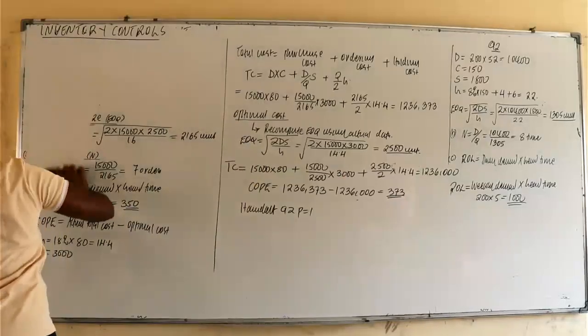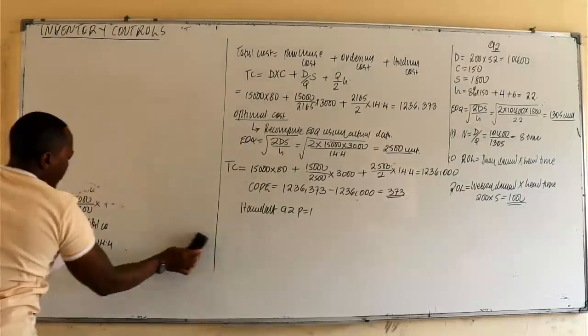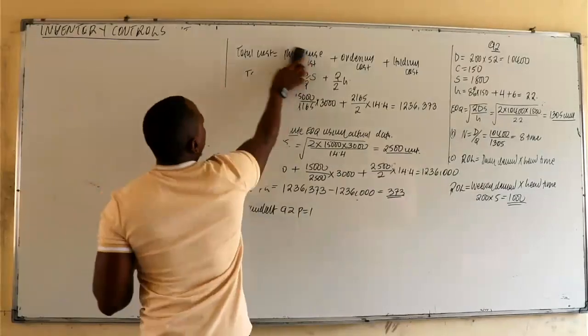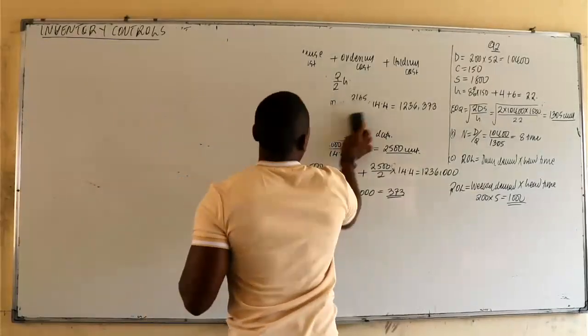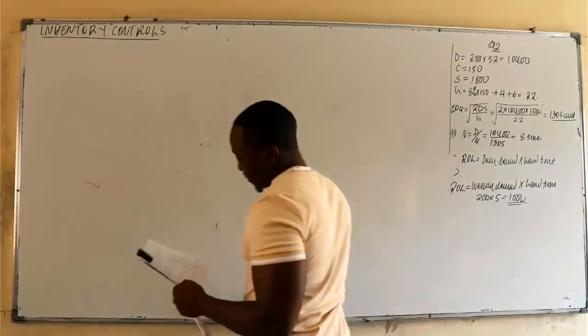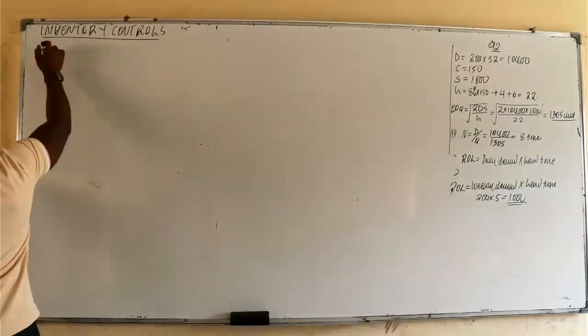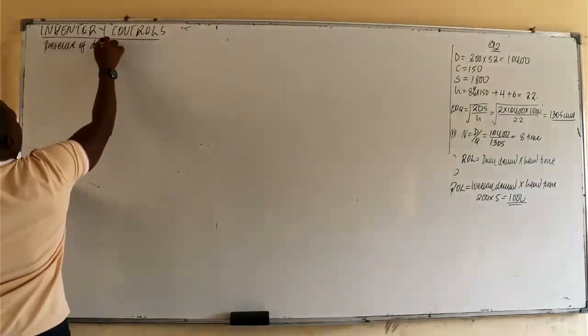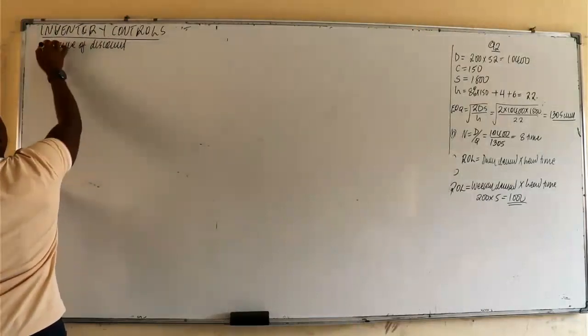So now I want us to look at how do we evaluate inventory when you are given a discount. Given a discount, how will you evaluate? So presence of a discount.